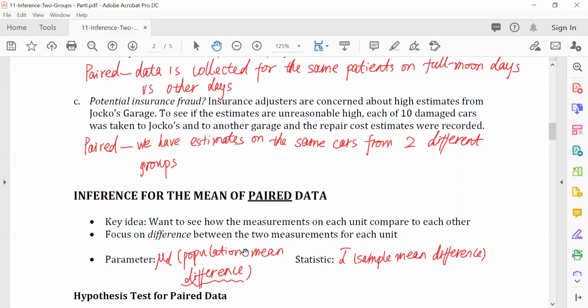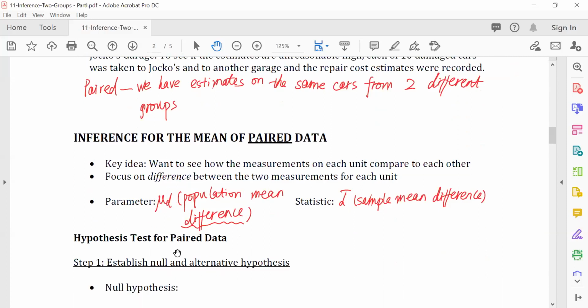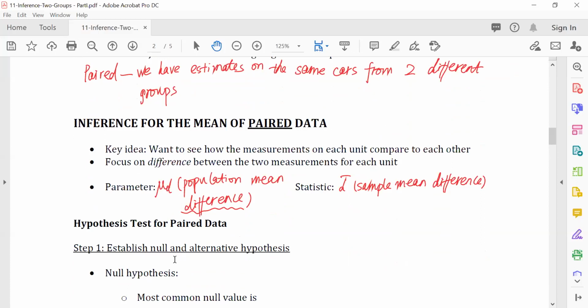But many of the textbooks and lectures put this paired data along with the one population mean inferences. Anyway, what we are really focusing on is the difference of the two measurements for each unit. So we are looking at this mu d. This will be very similar, as I've mentioned, to the one population inference that we have talked about.